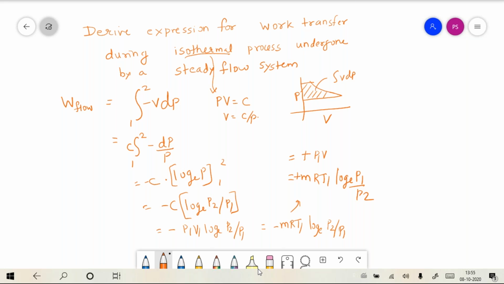So assuming that it is clear, I'll give a numerical to you to solve. So the question is as follows.